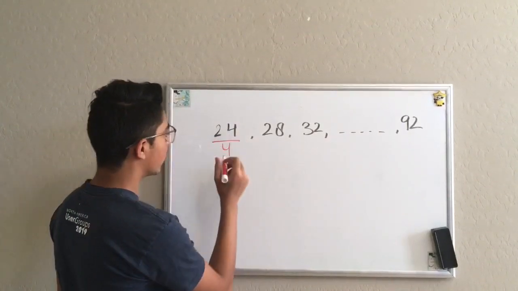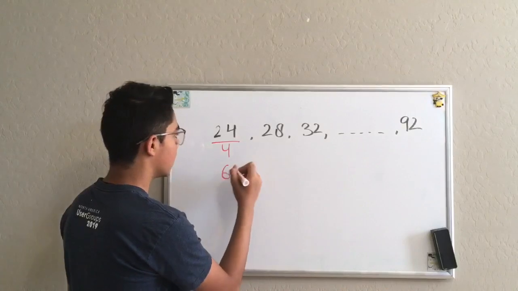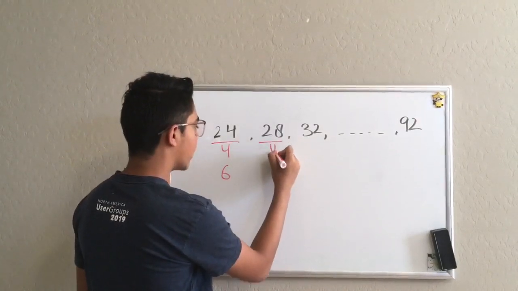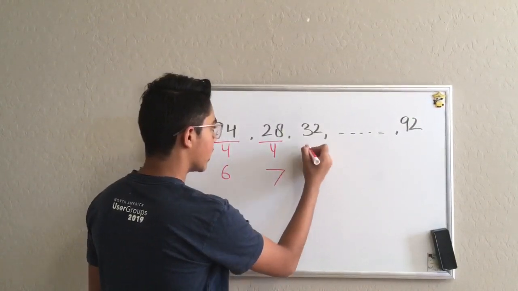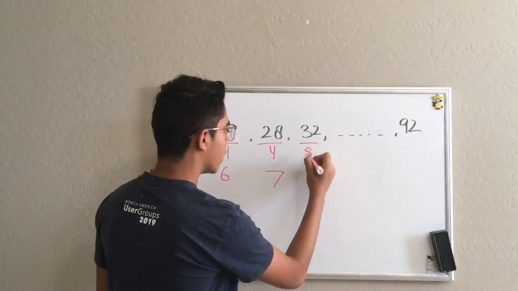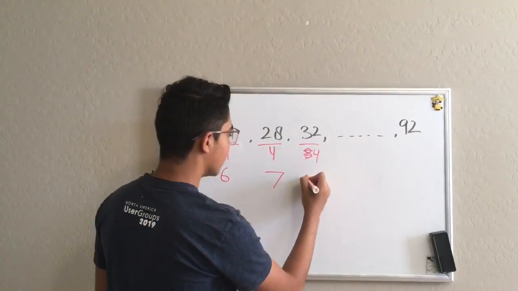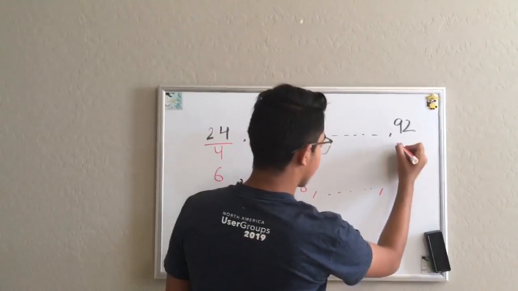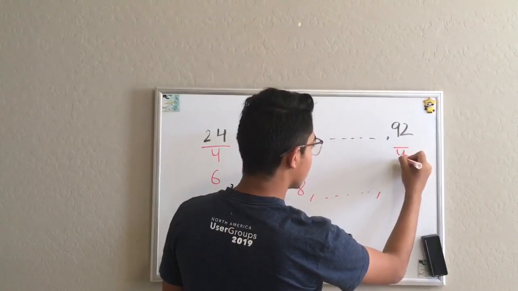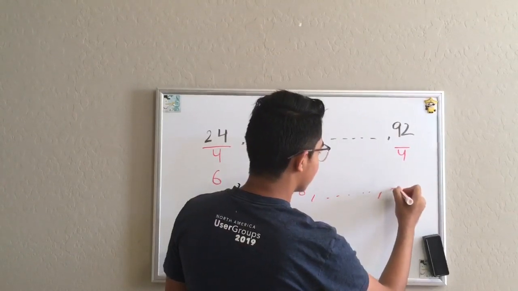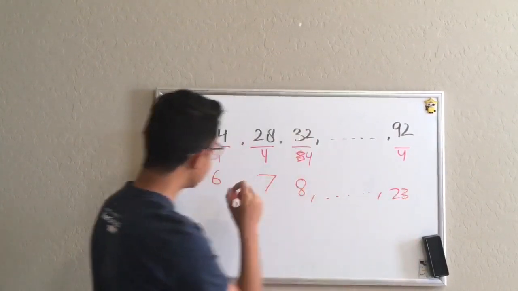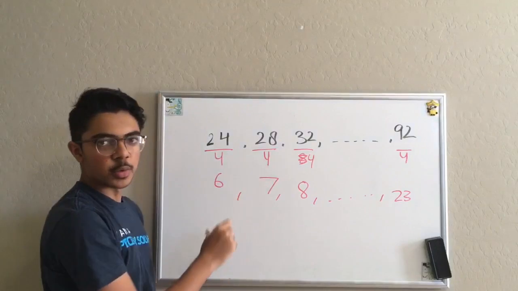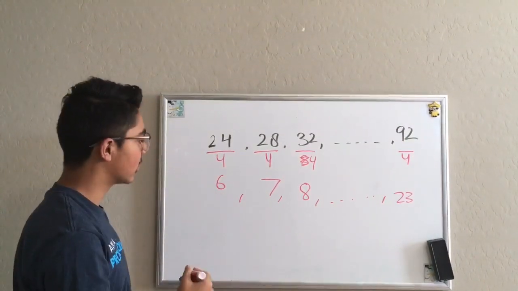For the first one, 24 divided by 4 is 6. 28 divided by 4 is 7. 32 divided by 4 is 8. And so on till 92 divided by 4, which is 23. Now this is a series that we're more familiar with since we covered examples like these in our last video.